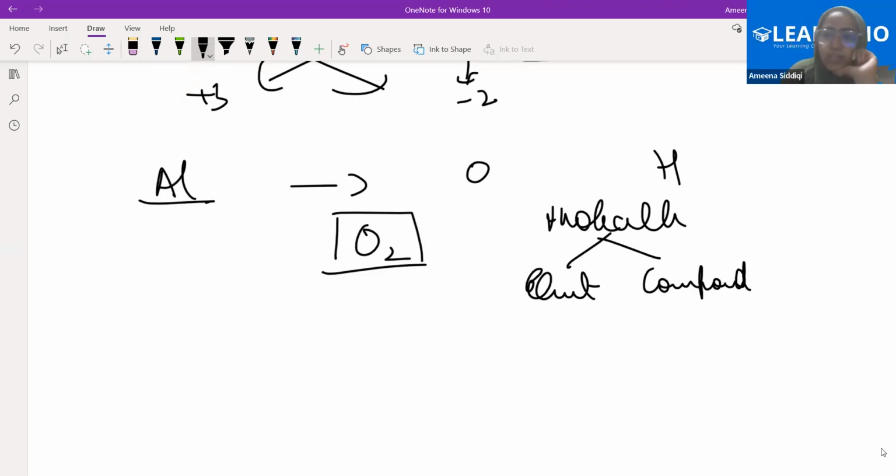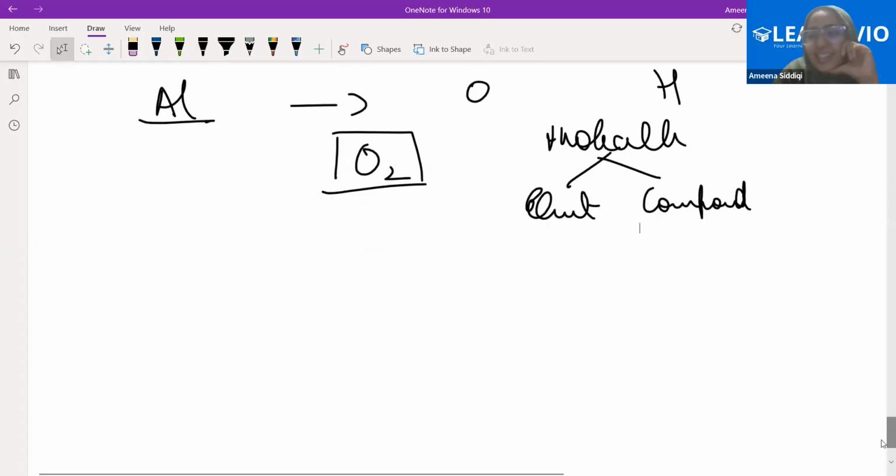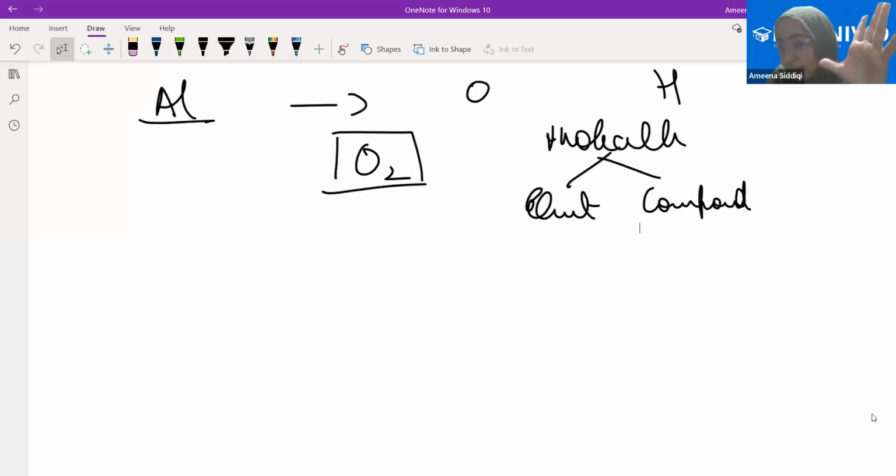Do you know the difference between elements and compounds? Whenever two same atoms are combined together, that is also a molecule because two or more atoms are there, but the same kind of atoms, that means it's an element.